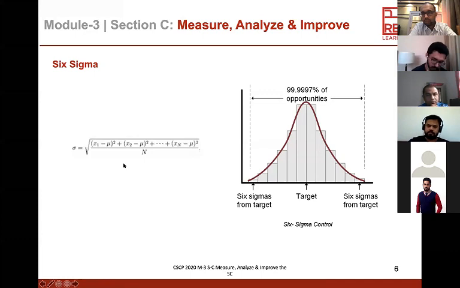Sigma is equal to square root of, in the first bracket, (x1 minus mu) whole square plus (x2 minus mu) whole square, and so on for the number of values, (xn minus mu) whole square, divided by capital N.